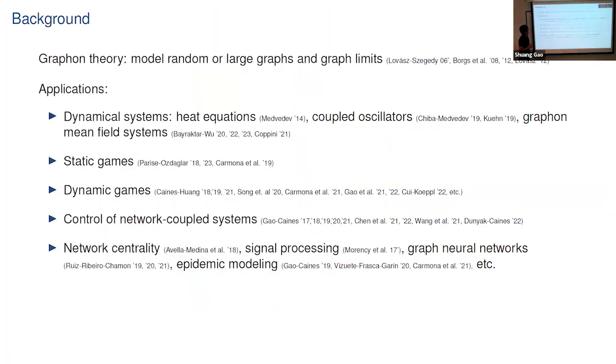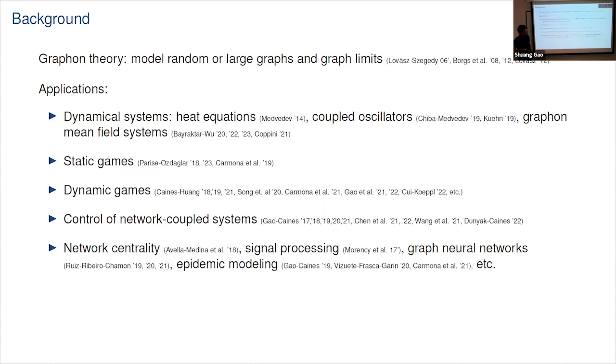The way we deal with this is to employ the theory of graphon, which gives us a model for large graphs, graph limits, and random graphs. There have been applications of the graphon idea in various problems, such as the heat equation, coupled oscillators, and mean field particle systems.